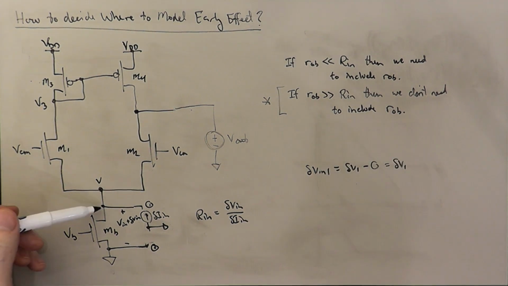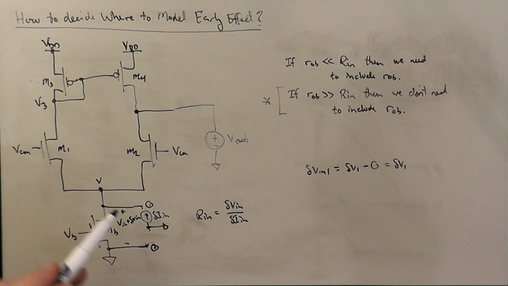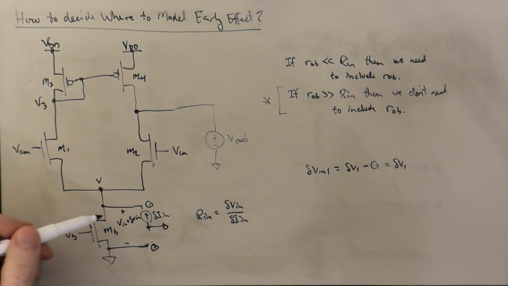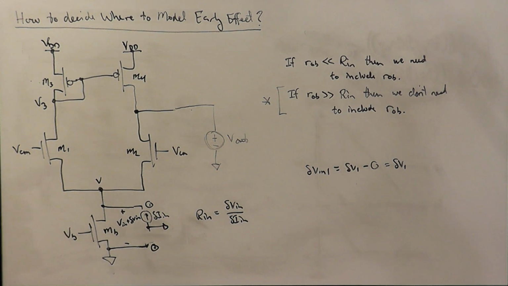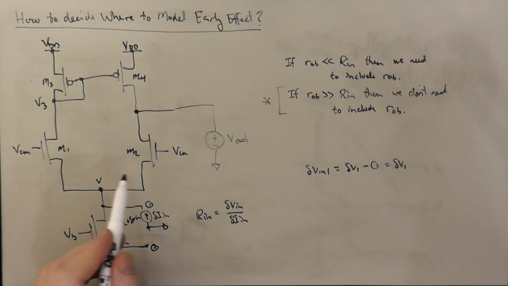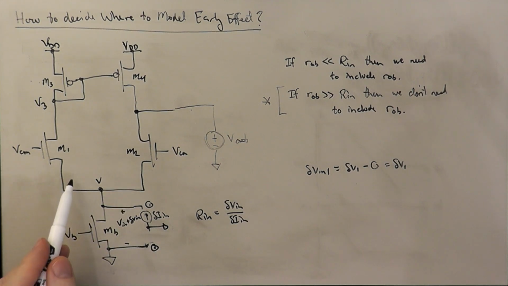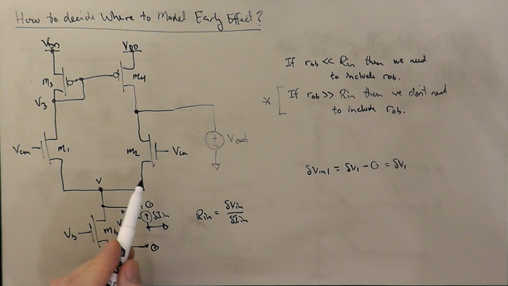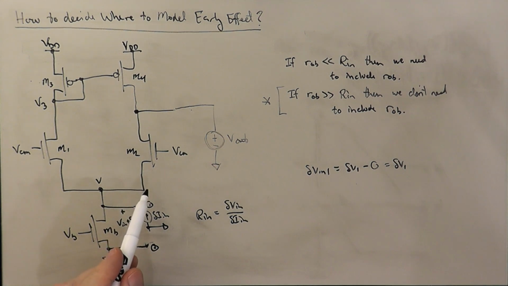Well, all right, we're injecting a current in here. We see the drain of MB, right? So that's an infinite incremental resistance. And we see the source conductance of M1 and the source conductance of M2. So we see 1 over GS1 in parallel with 1 over GS2, which is 1 over 2 GSN.